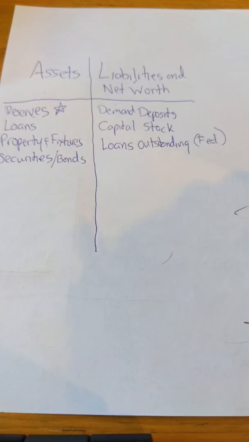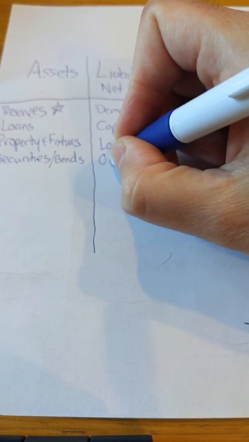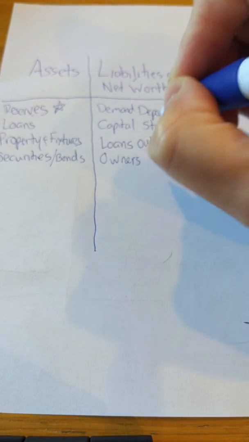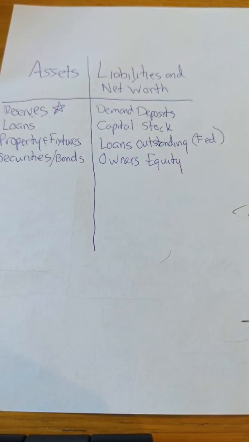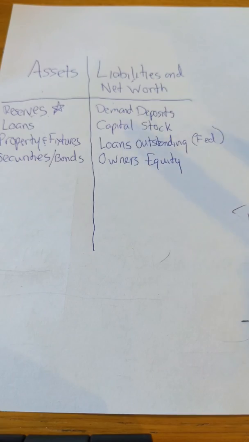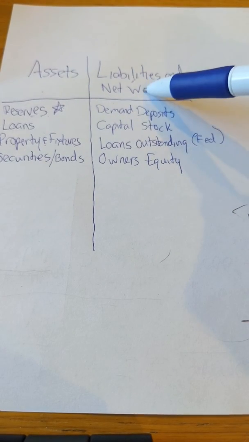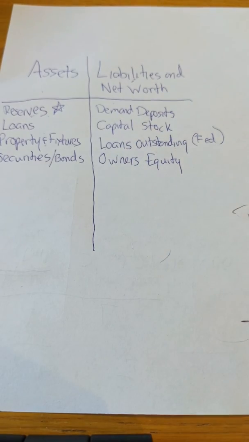Moving on. Let's see. Demand deposits, capital stock, loans outstanding, owner's equity. And that's going to be any value that whoever the owner has of their own money, and that's why we have net worth and not just liabilities and net worth.